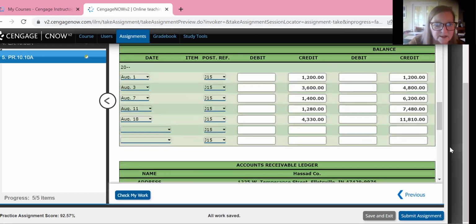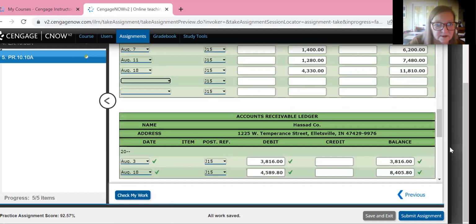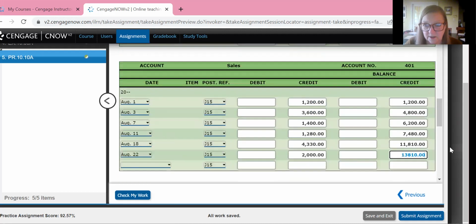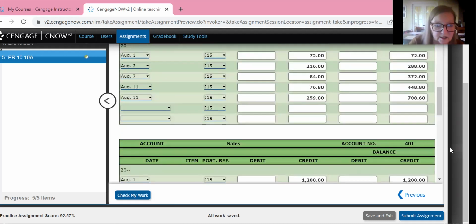Sales amount for that day, 2,000. 13,810. And the sales tax for that day, $1,220. 828.60.